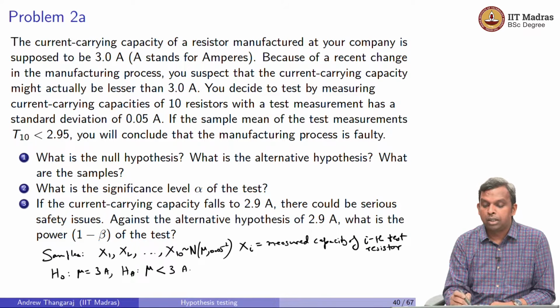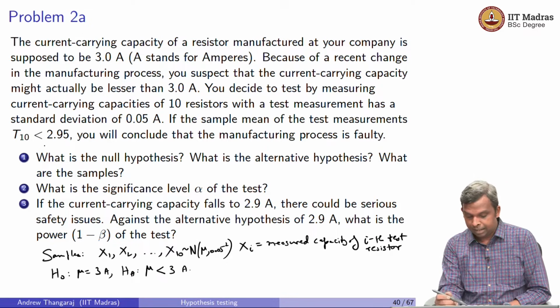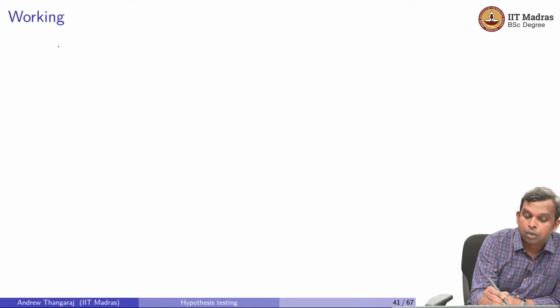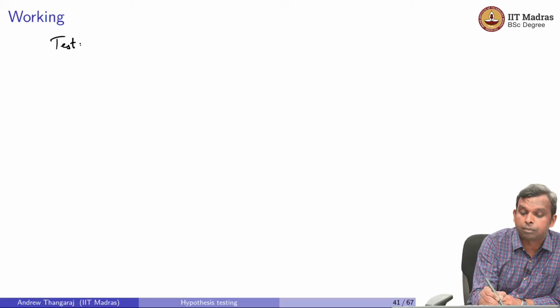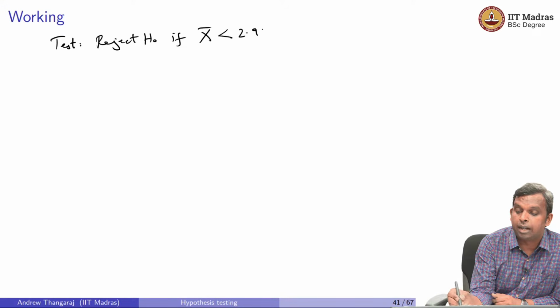So let's see how to do this alpha and beta calculation for this particular test. You've decided H0 is mu less than 2.9. I have some space for working here, so let's do that. Your test is: reject H naught if x bar is less than 2.95.